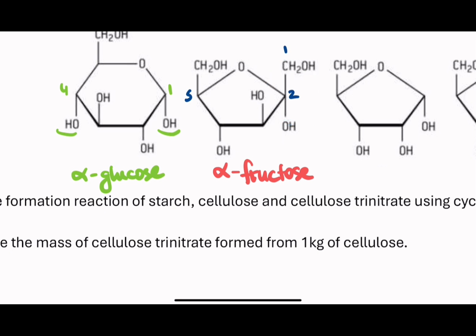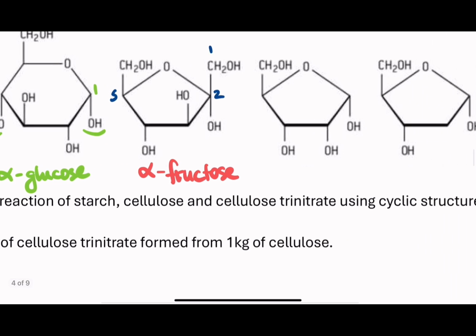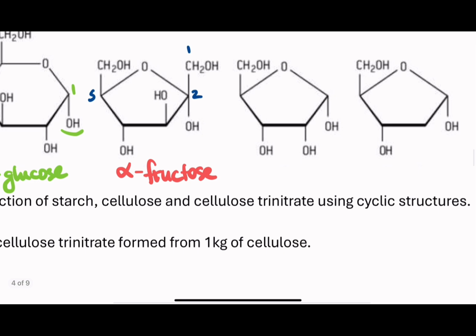I want you to draw the structures and be familiar. You need to be able to look at the picture and recognize them. The one in here is alpha ribose. The same thing with beta. All you need to do is get this one up, and this would be a beta ribose.